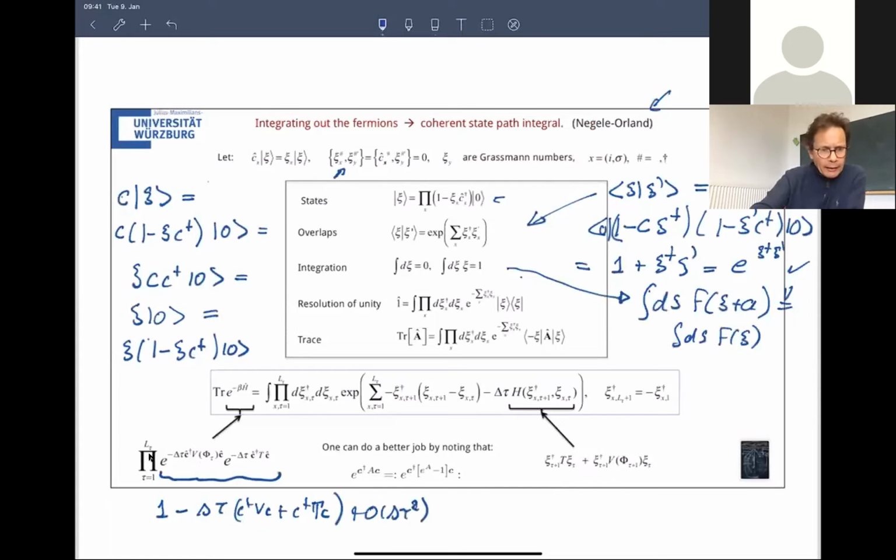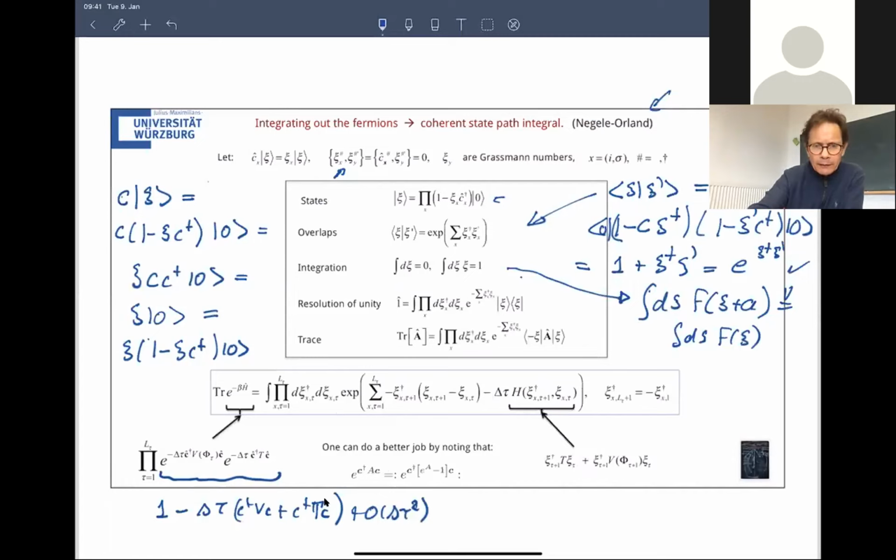And then at each time slice, you will insert the resolution of the unity, and you will use this formula to get the trace. So we can read off what will happen. Now, the expectation value of this comes in here, minus delta tau, because I will re-exponentiate it.